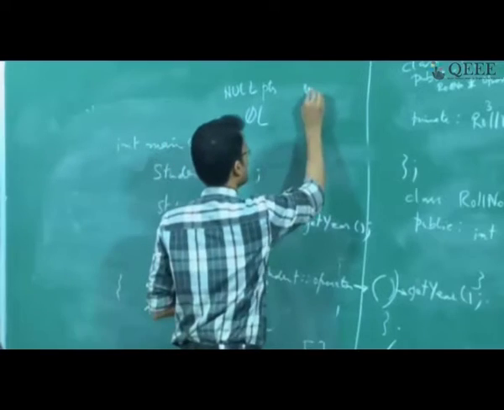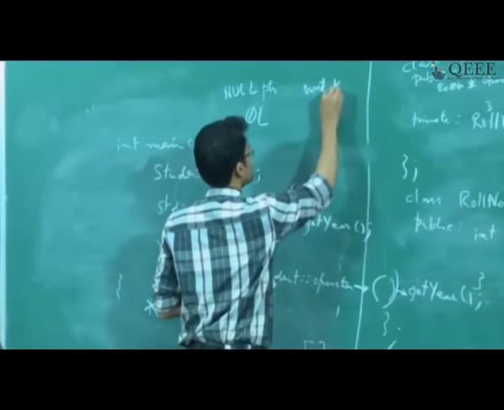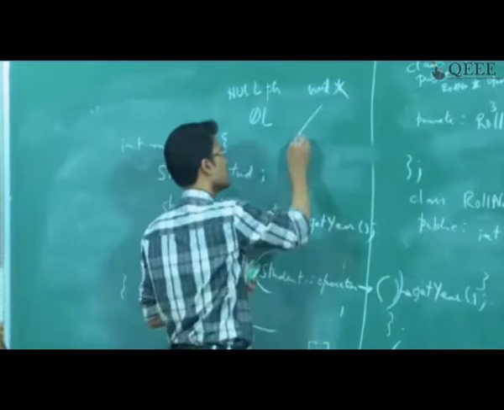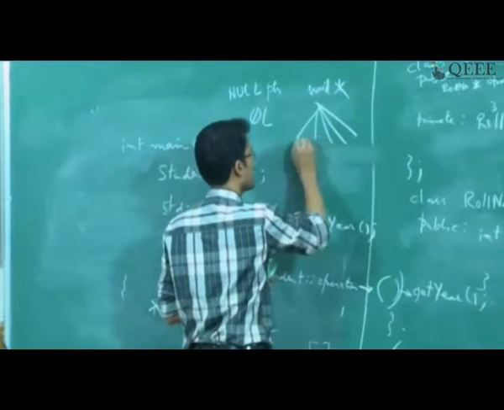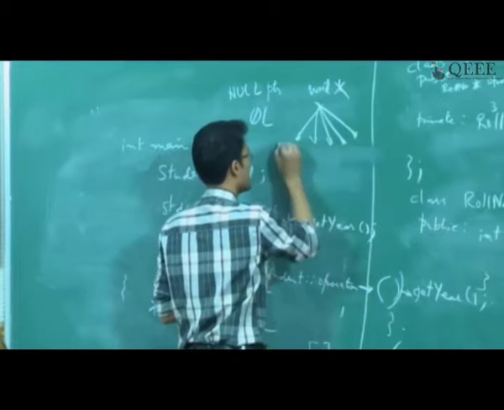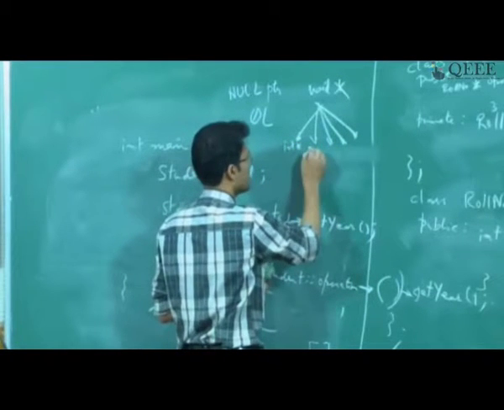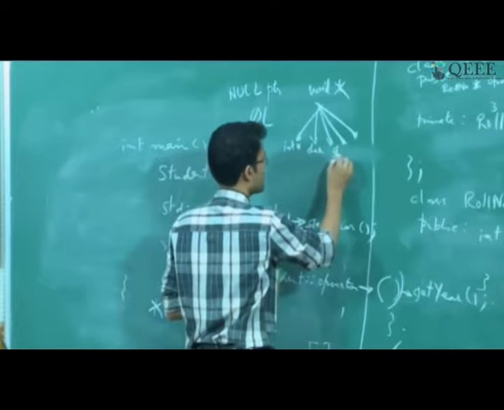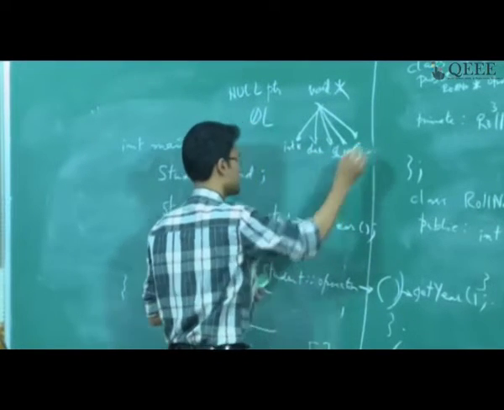When we are talking about a void pointer, that essentially is an opaque pointer which can point to any arbitrary memory location. So it can be int star, it can be char star, it can be some struct star, anything.